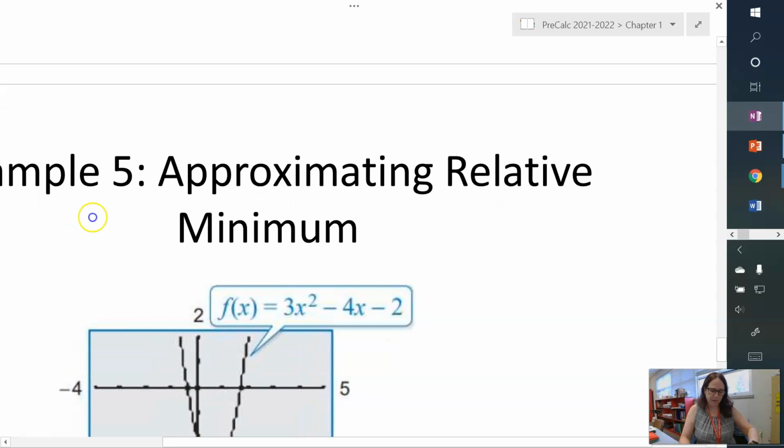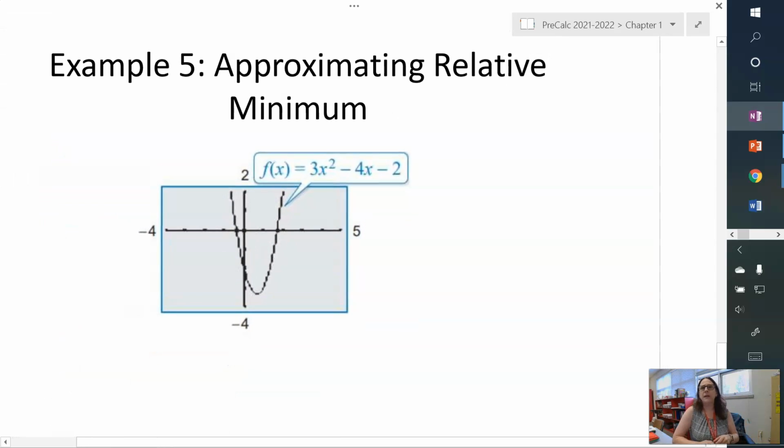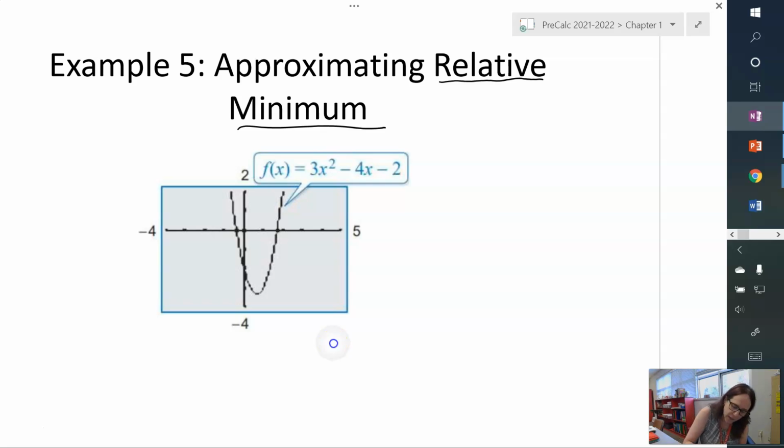All right. The last thing we're going to do is we're going to look at approximating minimums and maximums. Relative minimum just means that it's in the area that you can see. There could be more minimums, but looking at just this area that we're looking at, where's the minimum? And it's right there at the vertex is your minimum.